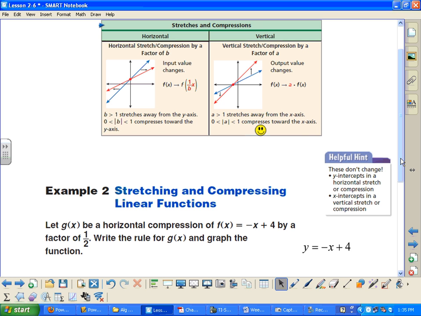Okay? And if it compresses it towards the y-axis, that means it's stretching it away from the x-axis. Okay? So those two kind of work hand in hand, except they're backwards, opposites.